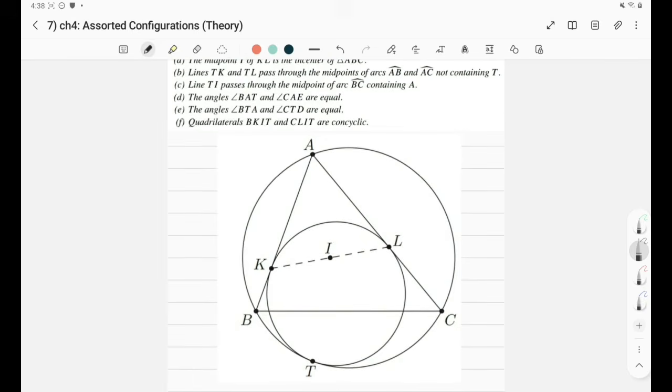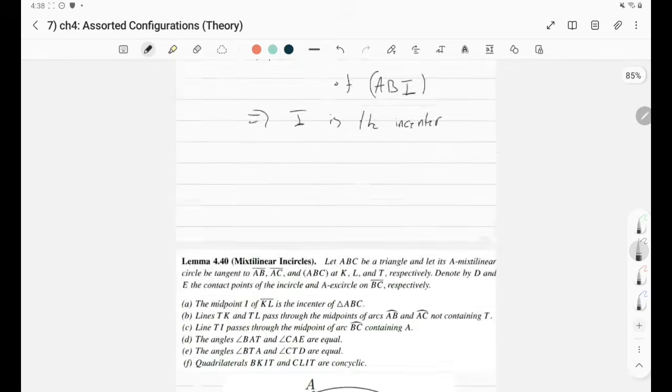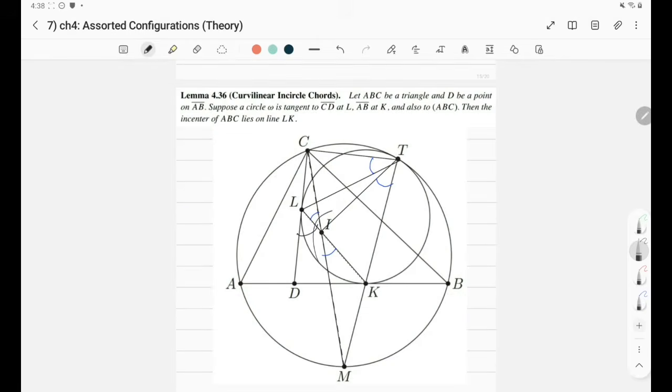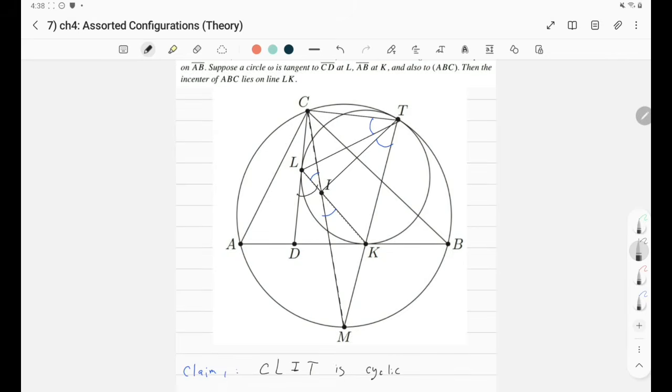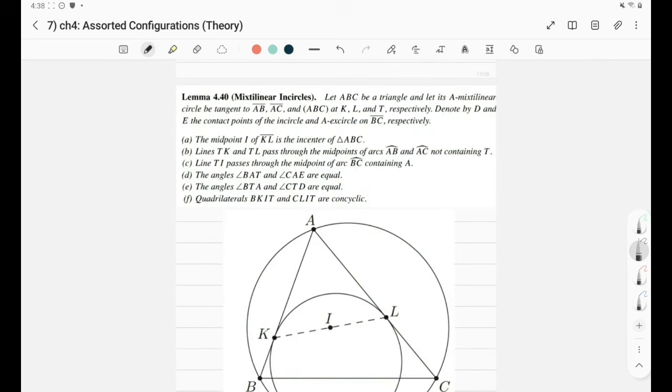From the previous lemma, we already concluded that I, the incenter, should lie on this chord KL. By the way, it's exactly the same diagram, but now the chord CD is CA, since this circle is a bit bigger, so CD coincides with CA. We don't want to prove again that I lies on LK. We can just conclude that from the previous.